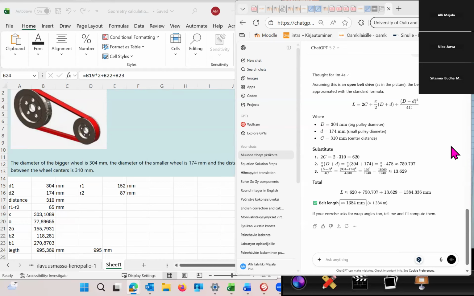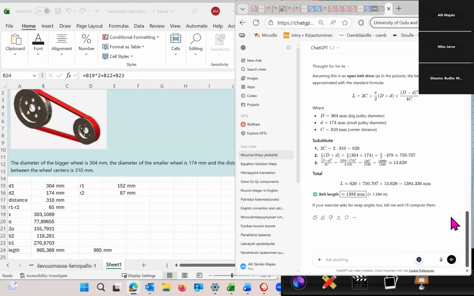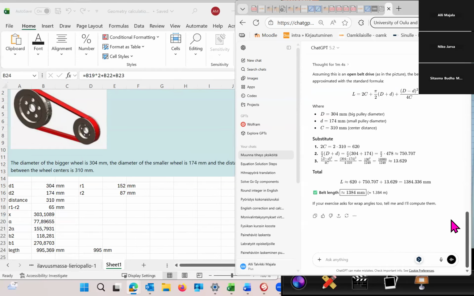Big pulley, small pulley. Center distance. Oh, it didn't do it with. Maybe it did something more.